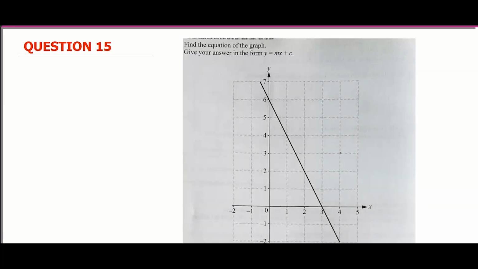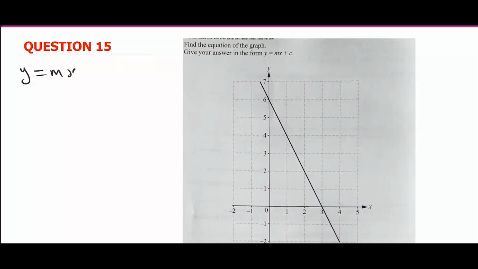So here you have to find the equation of the graph. Give your answer in the form y = mx + c. So the general equation of a straight line will be y = mx + c, where m is the gradient and is always either rise over run or fall over run.